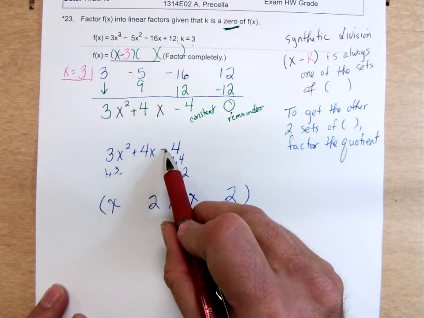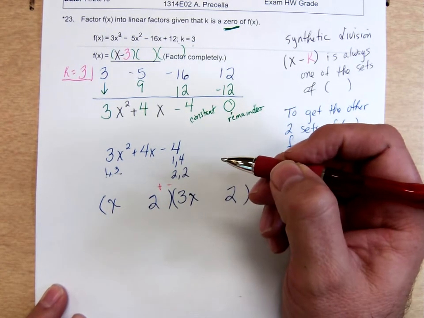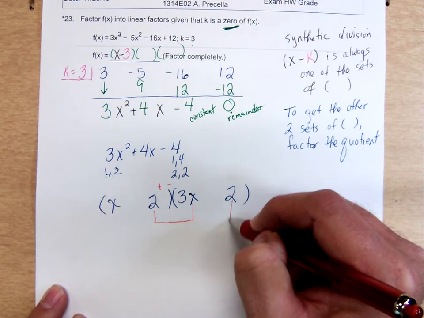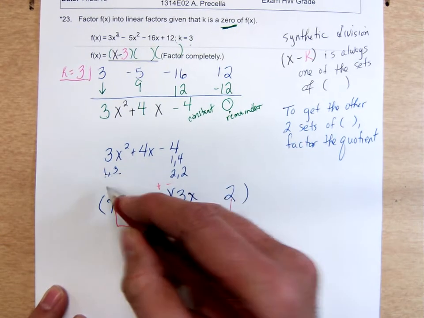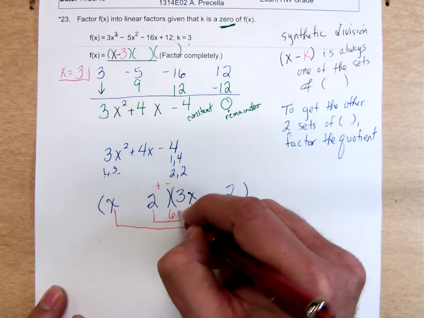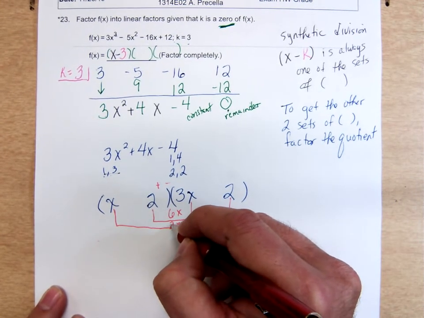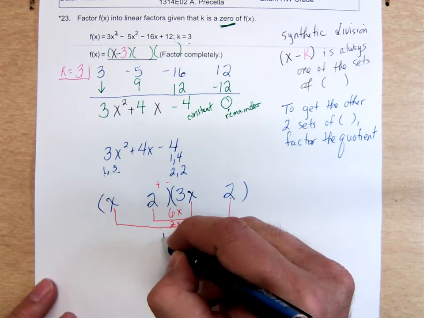Since the second sign is minus, that means there's going to be a plus and a minus. If we look at the outer and inner terms, that's what these marks are. What I'm making right now is the outer and the inner. When you're foiling, we have a 6x and a 2x. I want a positive 4x.